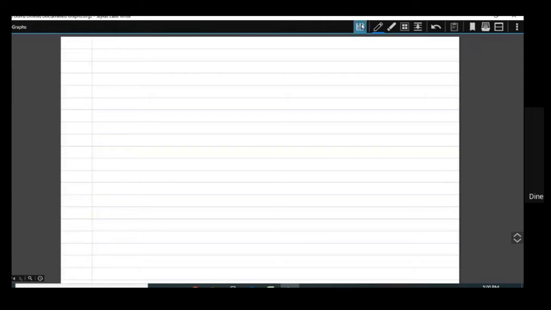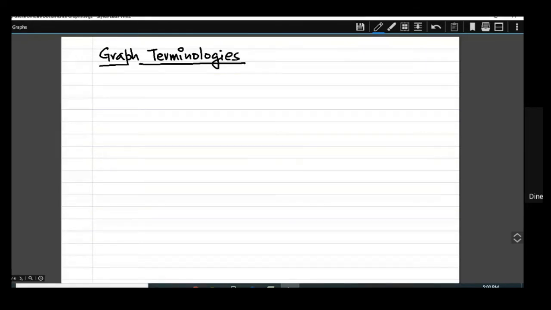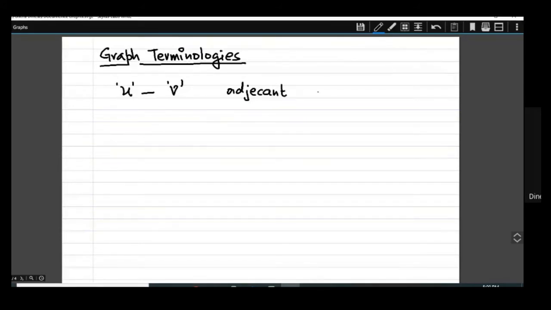Now we'll see some graph terminologies. If you have, let's say, two vertices or two nodes, U and V, they are said to be adjacent if they are connected by an edge.